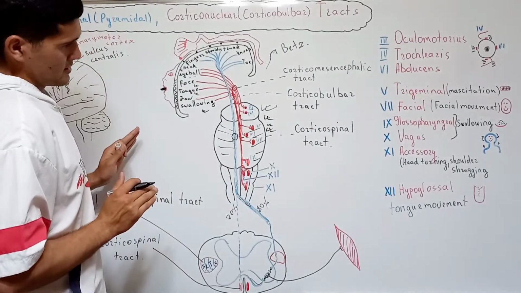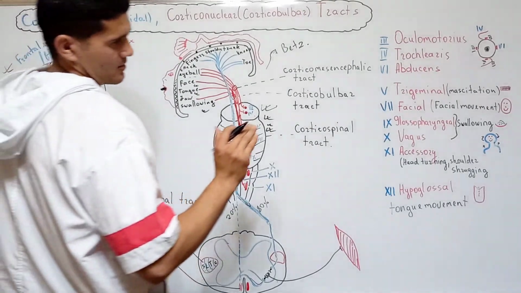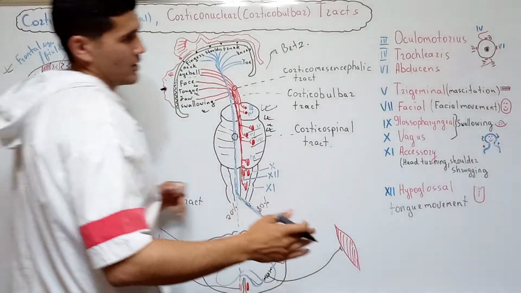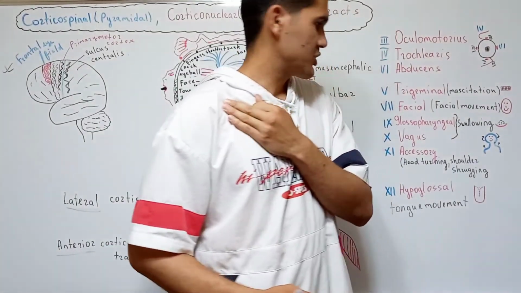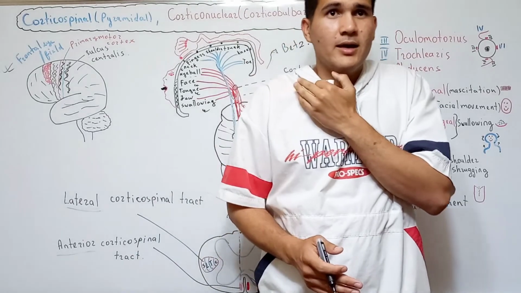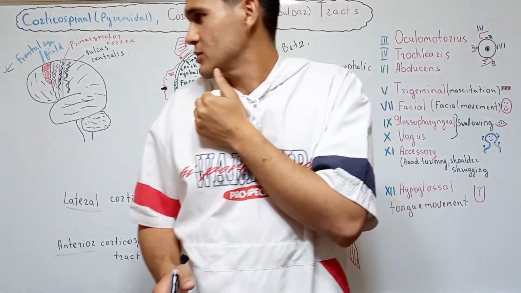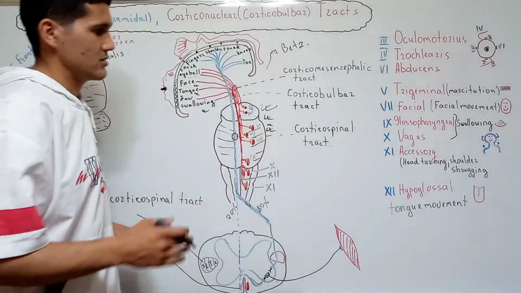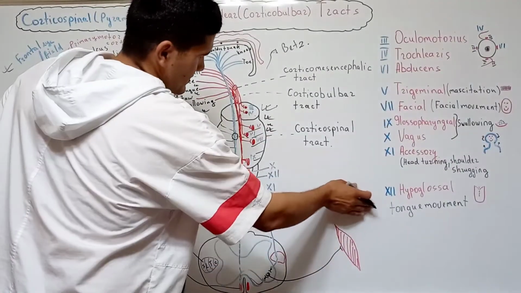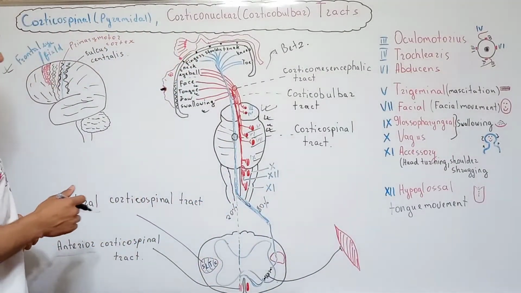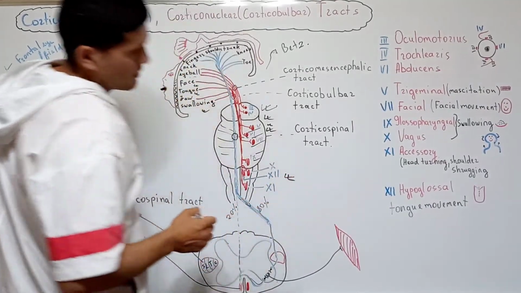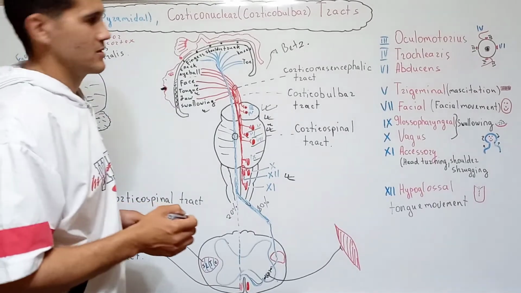The next cranial nerve is the 11th cranial nerve, the accessory nerve. You can shrug your shoulders and turn your head left and right by this accessory nerve. Our last nerve is the hypoglossal nerve, and it is responsible for movement of the tongue.